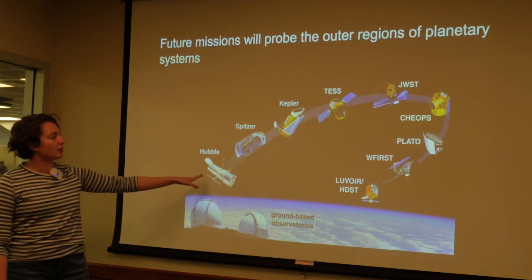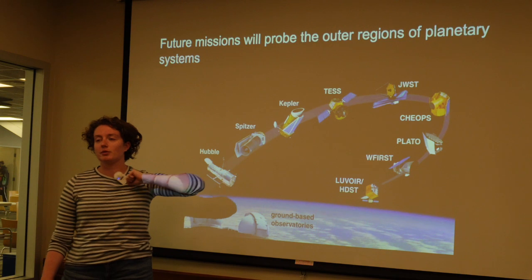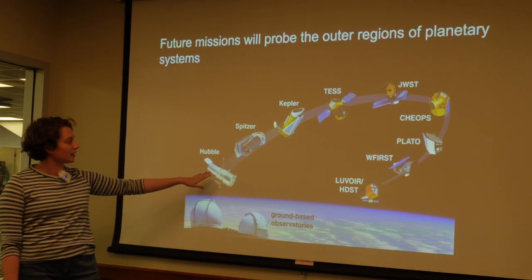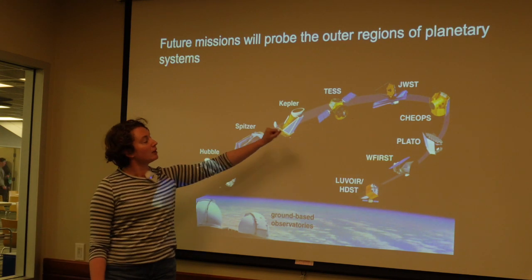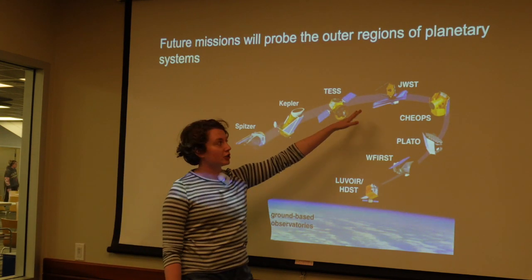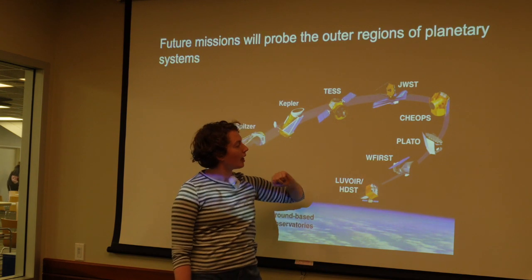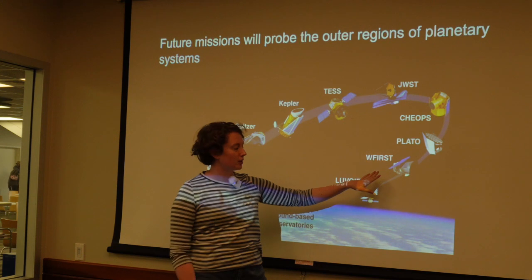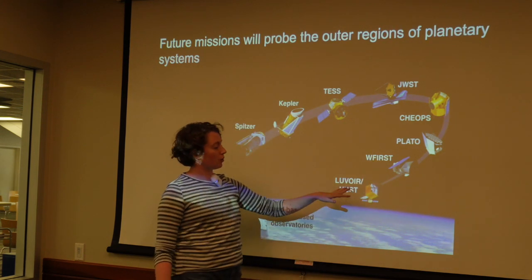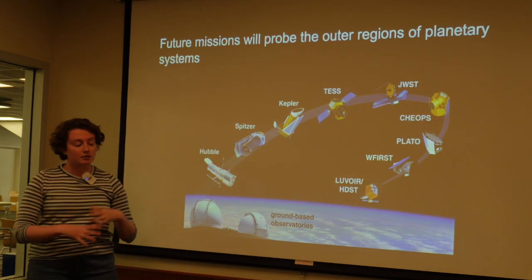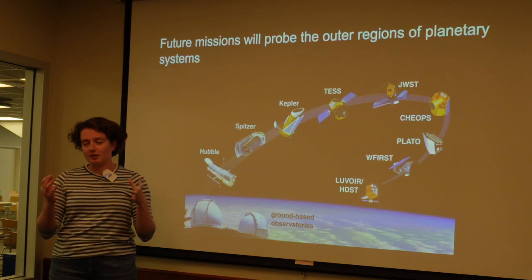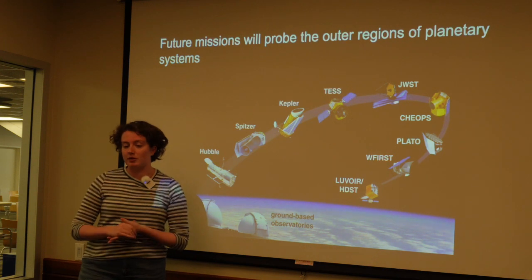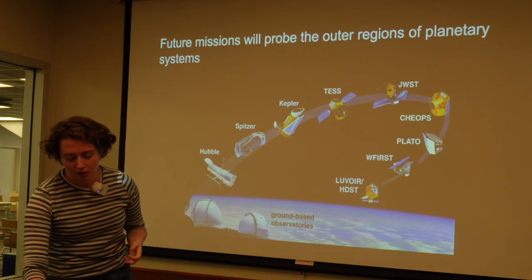So this is a journey through time and some of the really flagship missions that we use to look at exoplanets, starting from the Hubble Space Telescope, Spitzer, Kepler, the TESS mission, which is currently operating, and JWST, which is currently operational, and looking also to the future, Cheops, Plato, WFIRST, which is now known as the Nancy Grace Roman Telescope, and all the way out to LUVOIR and HABEX. And these facilities will make us more sensitive to those outer regions and allow us to make more apples-to-apples comparisons with our own solar system.